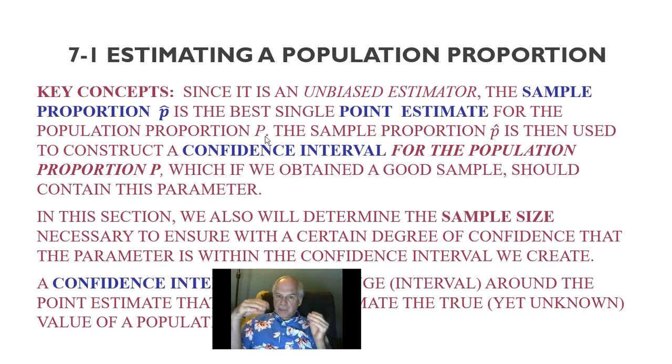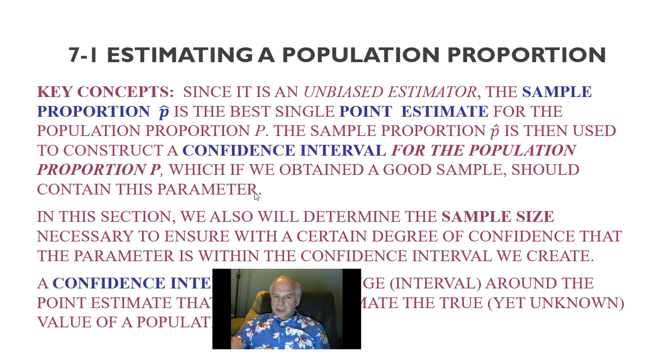The population proportion is like, for all teenagers, what percent have considered suicide? And the sample proportion was just from those 3,000. But the sample proportion is the best point estimate for the population proportion p.